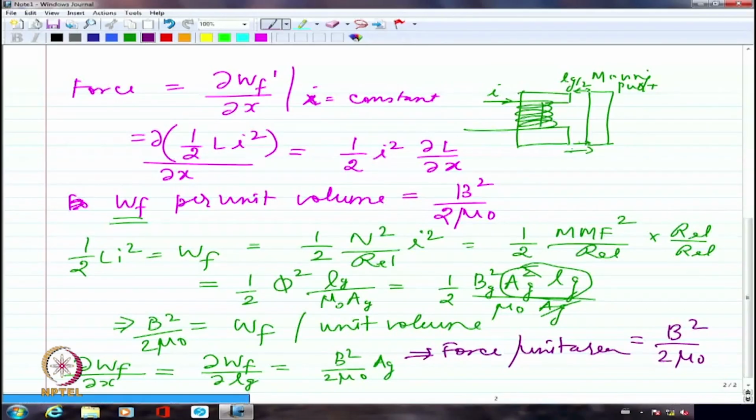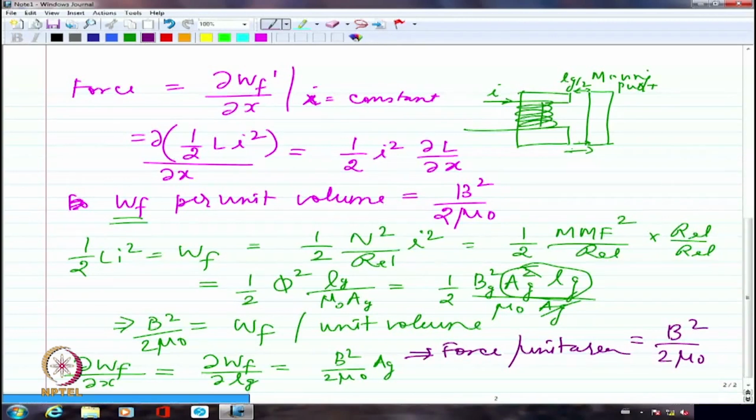So we are just making some jugglery so that we are able to arrive at expressions which are more comprehensible in terms of flux densities. Because finally, you may be given a material whose maximum flux density is so and so. In which case, you would be able to calculate the maximum force it can develop, provided I pass sufficient current to drive it to the maximum flux density.